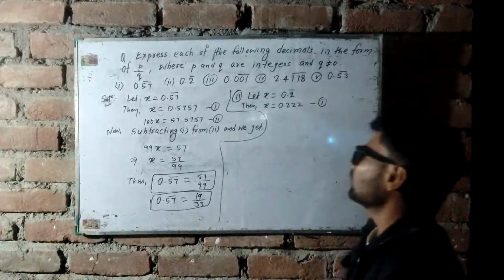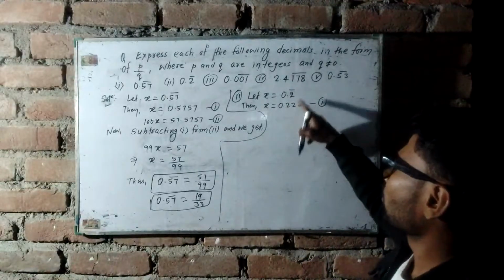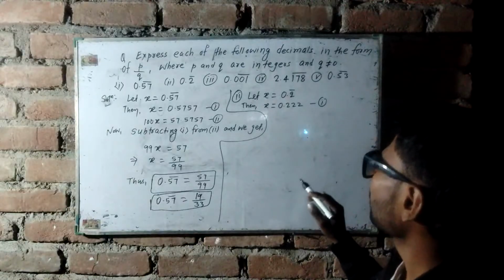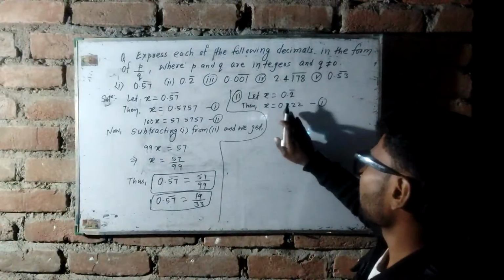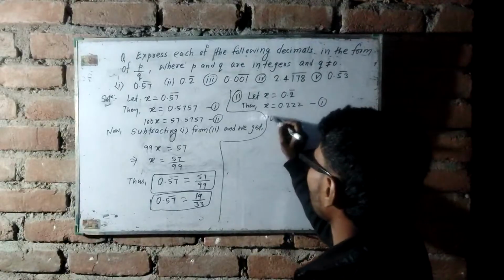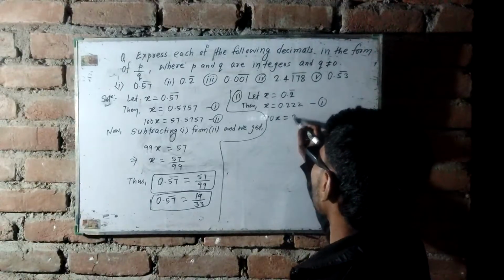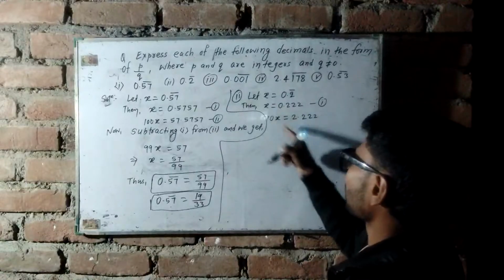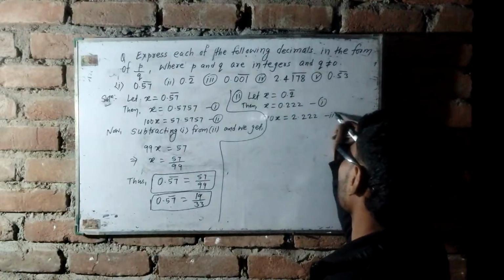Here we can see the repeating block has only one digit, 2. So we multiply both sides of equation first by 10 and we get 10x is equal to 2.222. Let this expression be equation second.